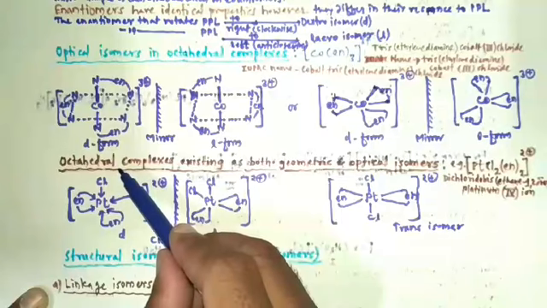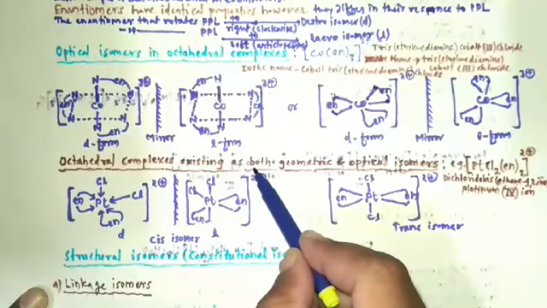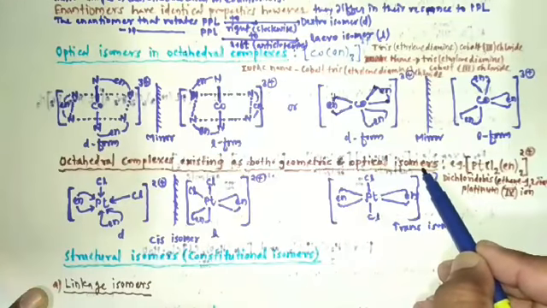The next article which we are going to study now is octahedral complexes existing as both geometric and optical isomers.